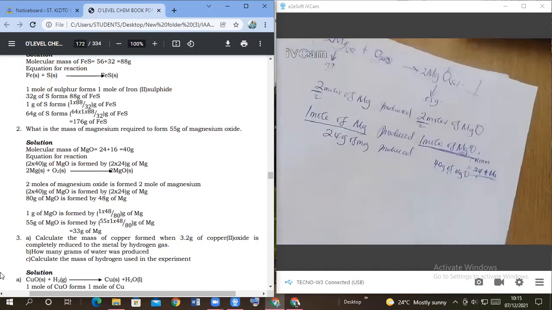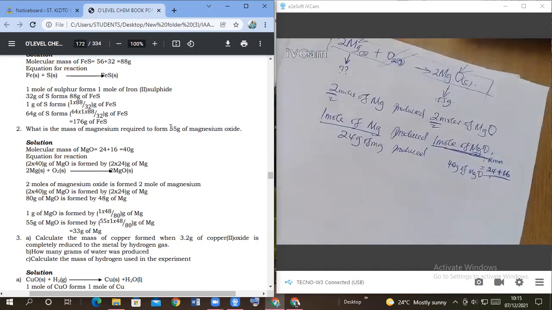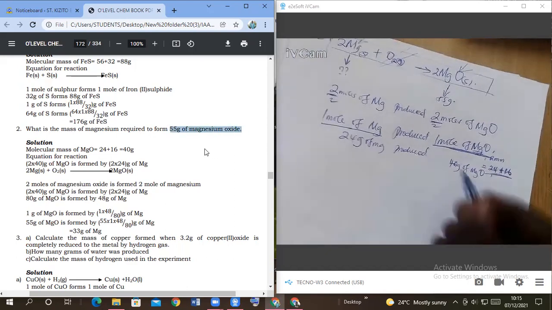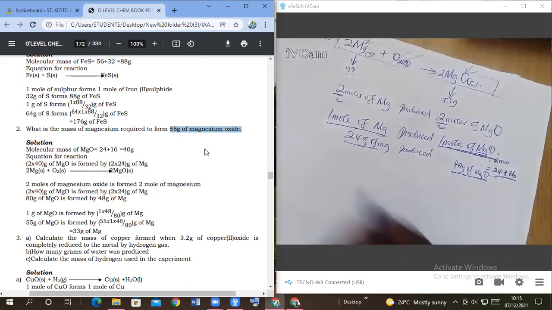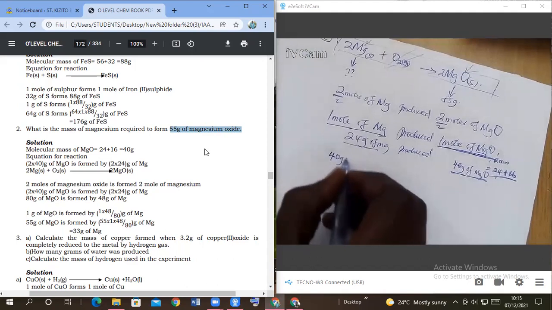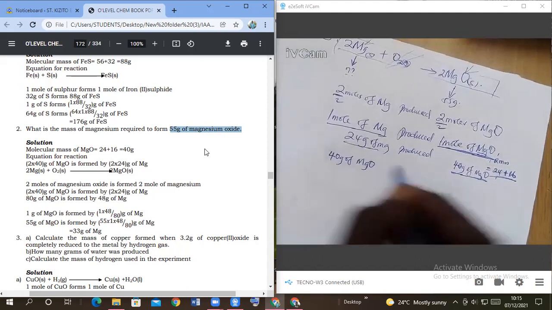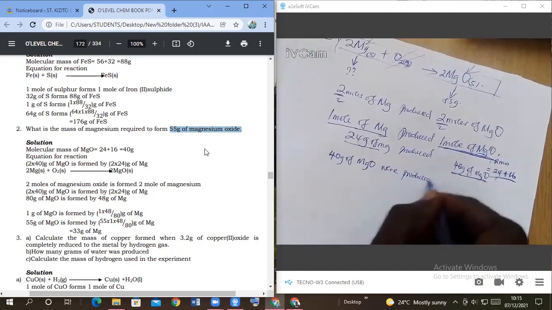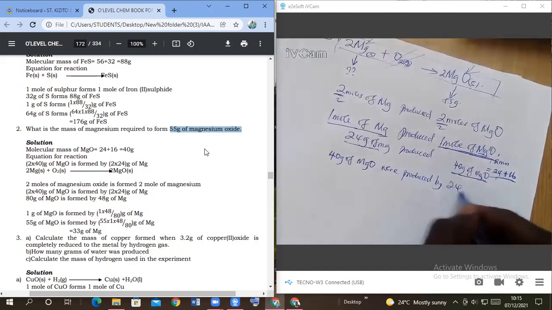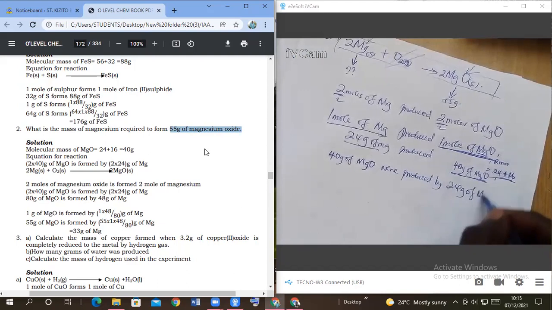So now what have they given us? They have given us the mass of the oxide, 55 grams of the oxide. Now what we do is to write the equation starting with magnesium oxide. So you say 40 grams of magnesium oxide were produced by 24 grams of magnesium.